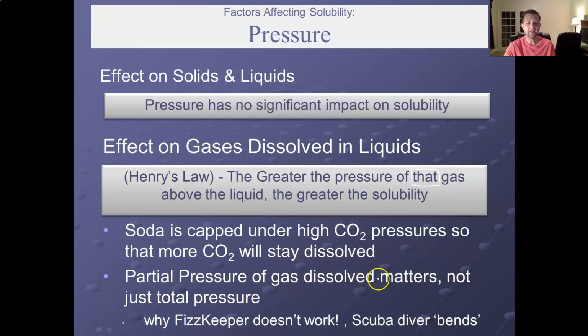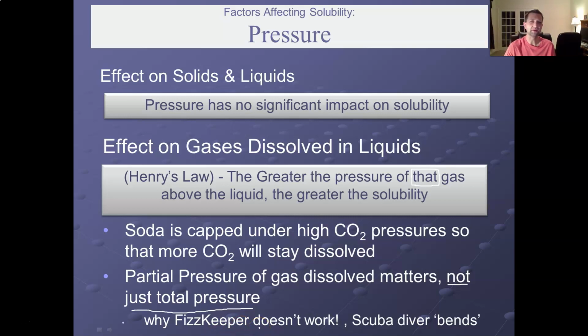The partial pressure of the gas dissolved matters, not the total pressure. Okay, so not the total pressure. It's really just the partial pressure of the specific gas you want to dissolve. So the fizz keeper, I remember using that in a lab in Chem 1 within the gas law unit. The fizz keeper is where you just pump regular air into a soda bottle, and it's supposed to keep it carbonated longer.